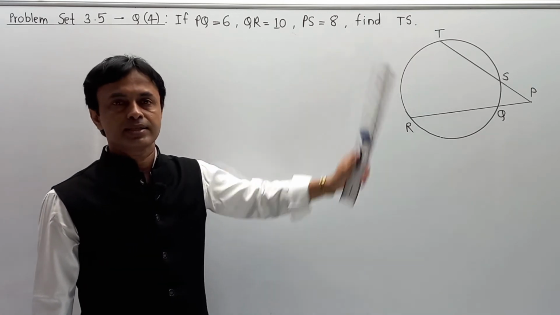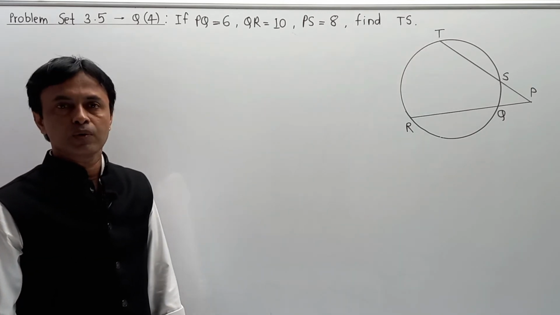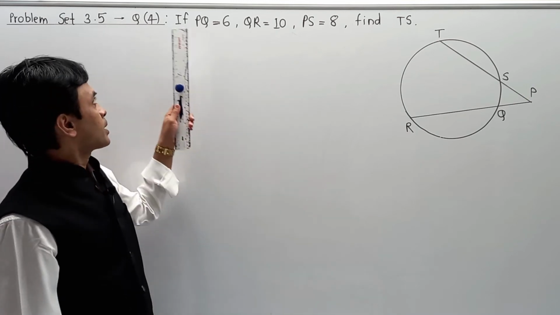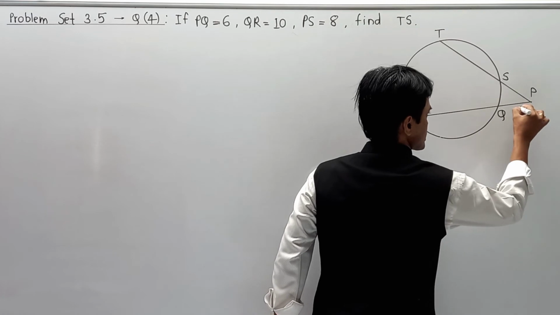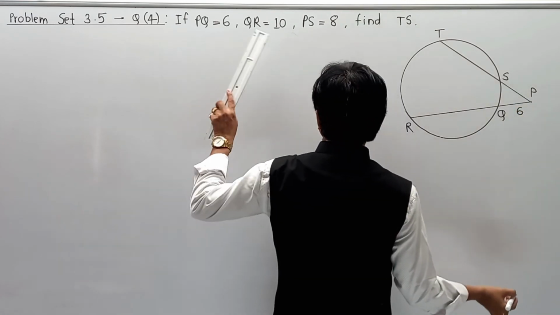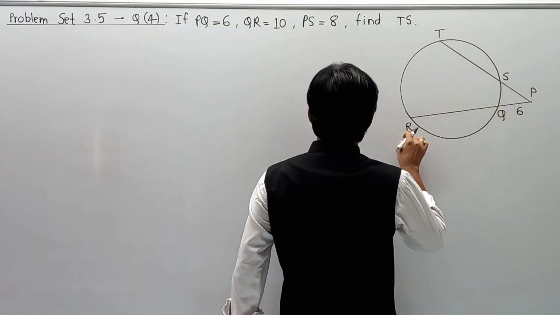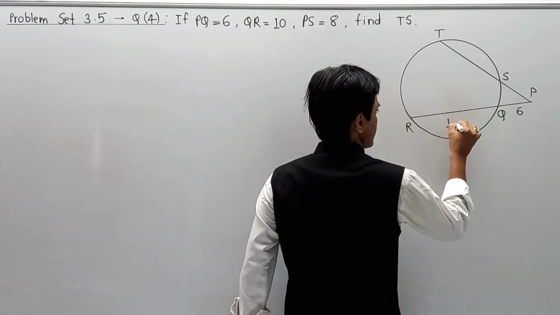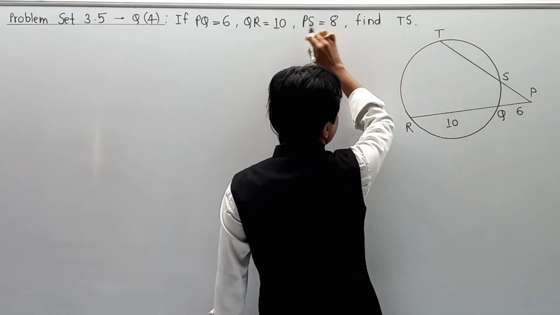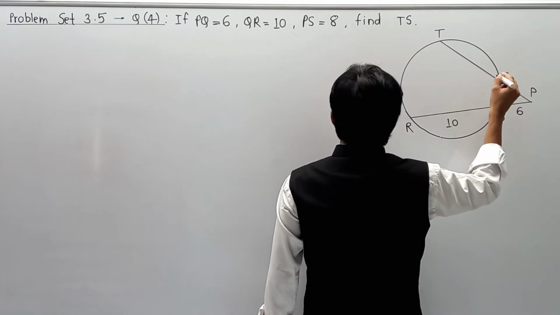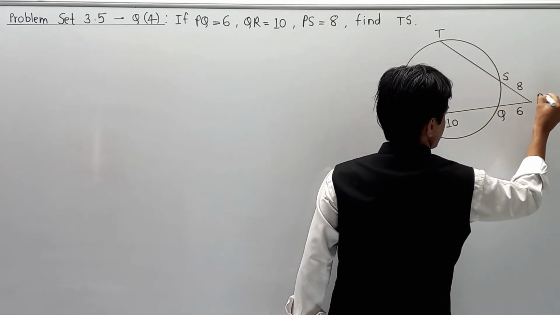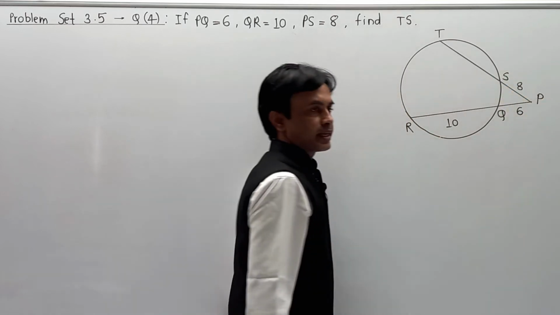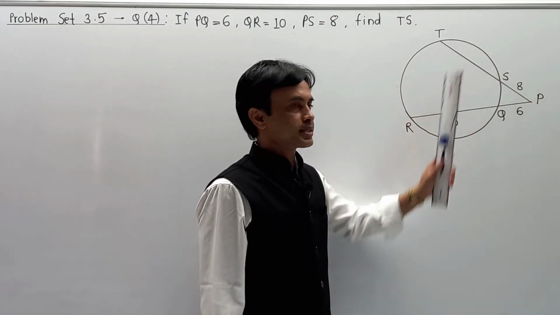From P to Q, this distance is 6. Q to R, this distance is 10. Next, PS is 8. Then find the value of TS.